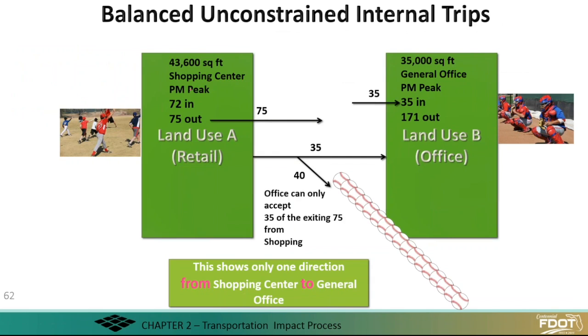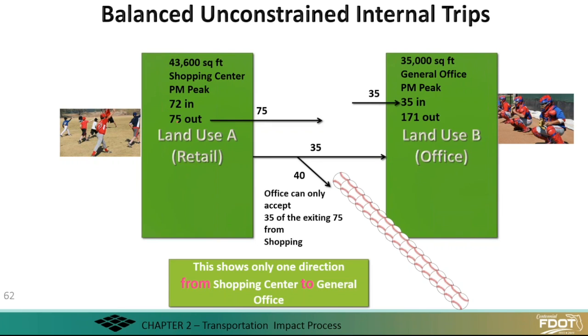We have a shopping center here that, if you calculate it using the trip generation rate, has 72 trips coming in during the PM peak hour and 75 trips leaving during the PM peak hour. This is according to just the calculations.